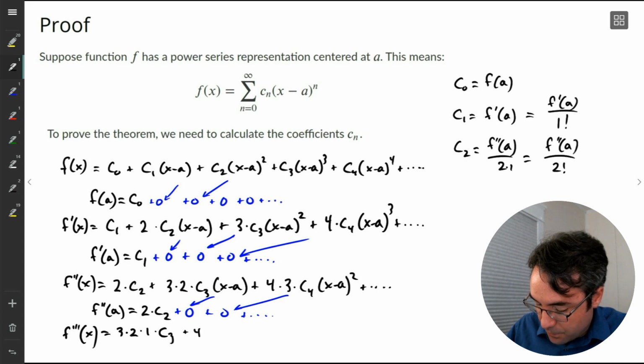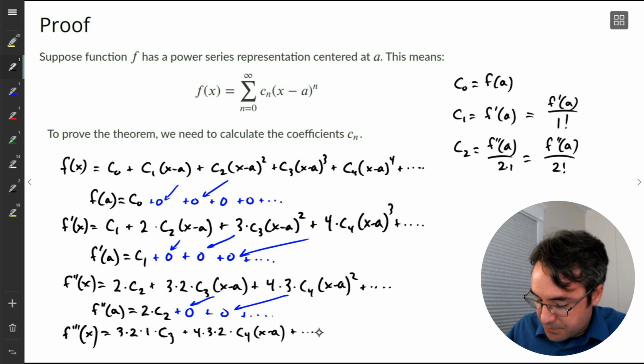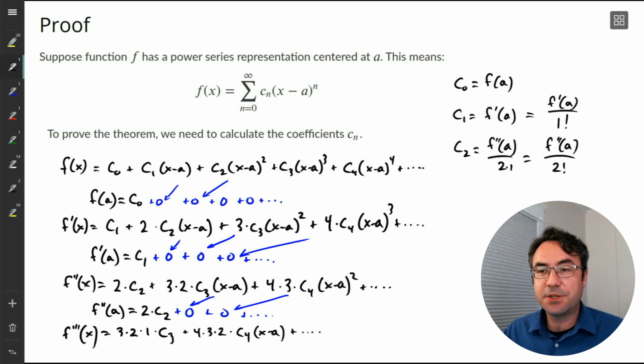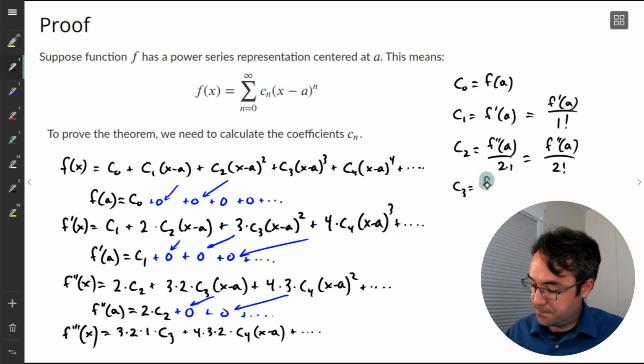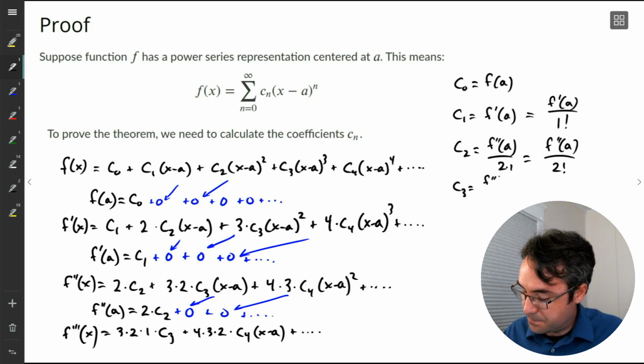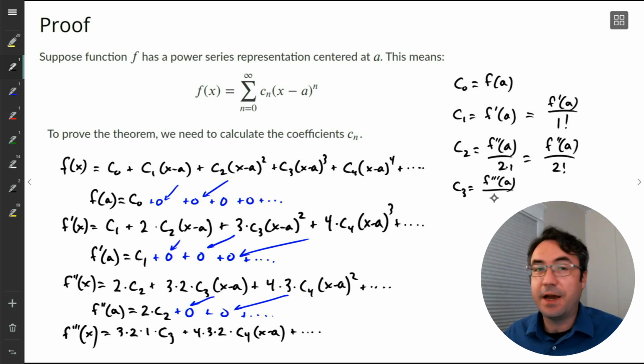So we have plus 4 times 3 times 2 times c4 times x minus a, and this keeps going. And so when we plug a in, this term is just going to end up being 0. And you can see we're going to have 3 factorial times c3. So when we plug in for c3, we're going to end up with our third derivative evaluated at a divided by 3 factorial.